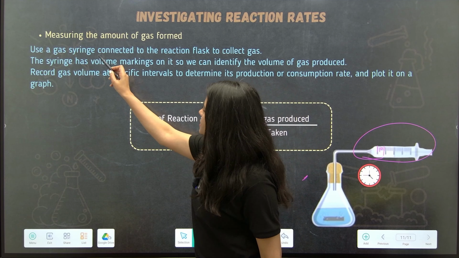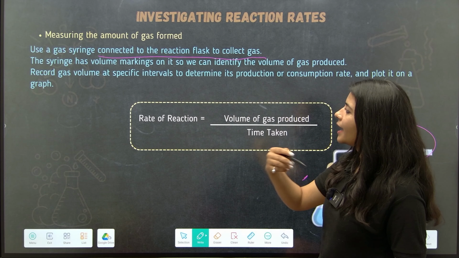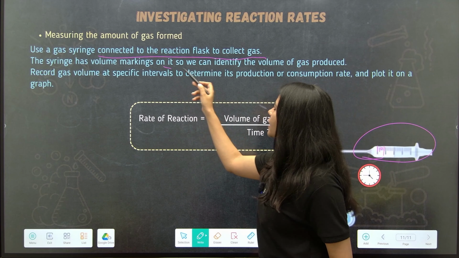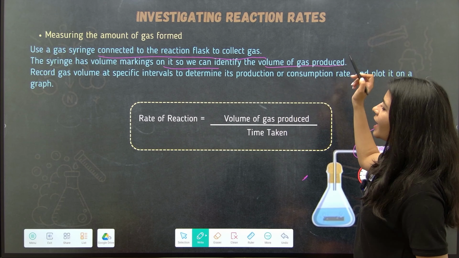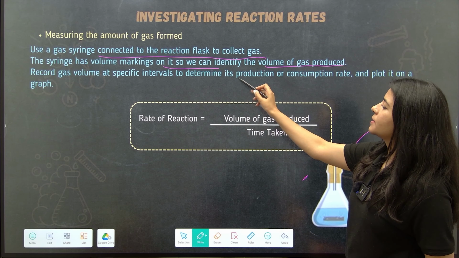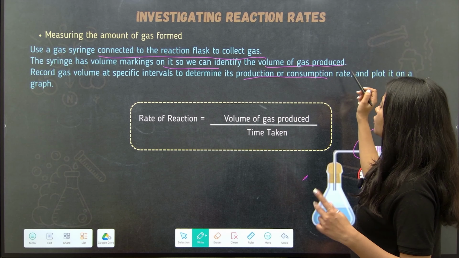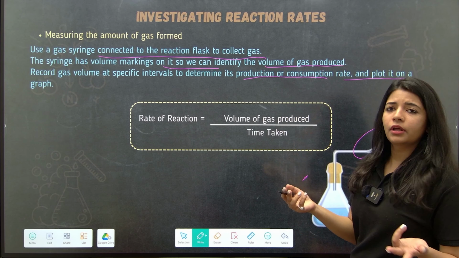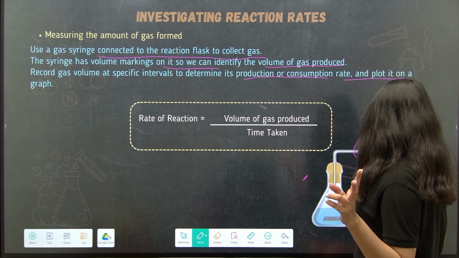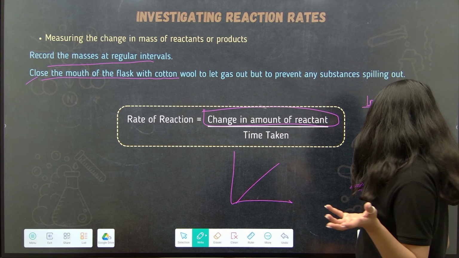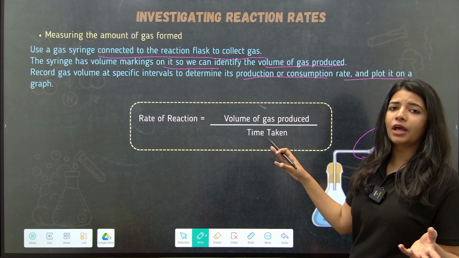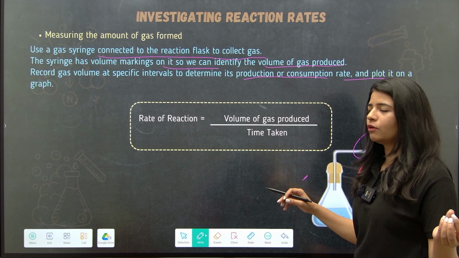So use a gas syringe connected to the reaction flask to collect gas. The syringe has volume markings on it. Here you can see the markings. We can identify the volume of gas produced, and record gas volume at specific intervals to determine its production or consumption rate, and plot it on a graph. Okay, very easy. This is almost the same. Here we were calculating the mass, and here we are going to calculate the volume of gas in the reaction.